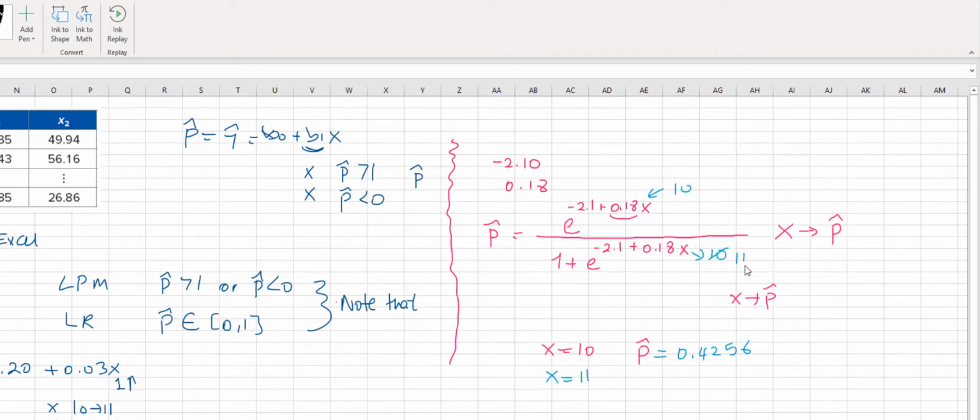Instead of 10 here, we plug in 11, and p-hat is going to be 0.4700. So as x increases by 1 unit from 10 to 11, the predicted probability increases by 0.0444. And as you see, this increase is not equal to the slope coefficient beta 1.